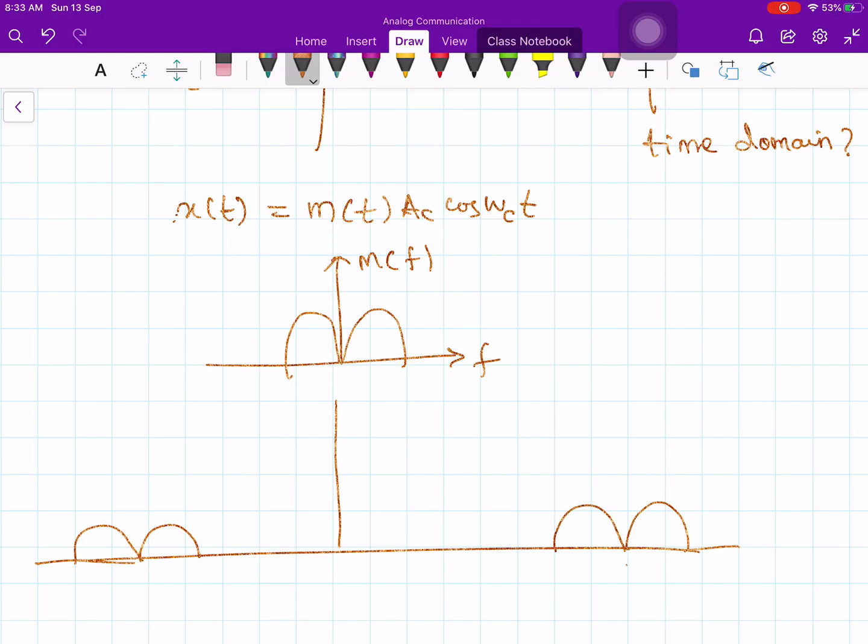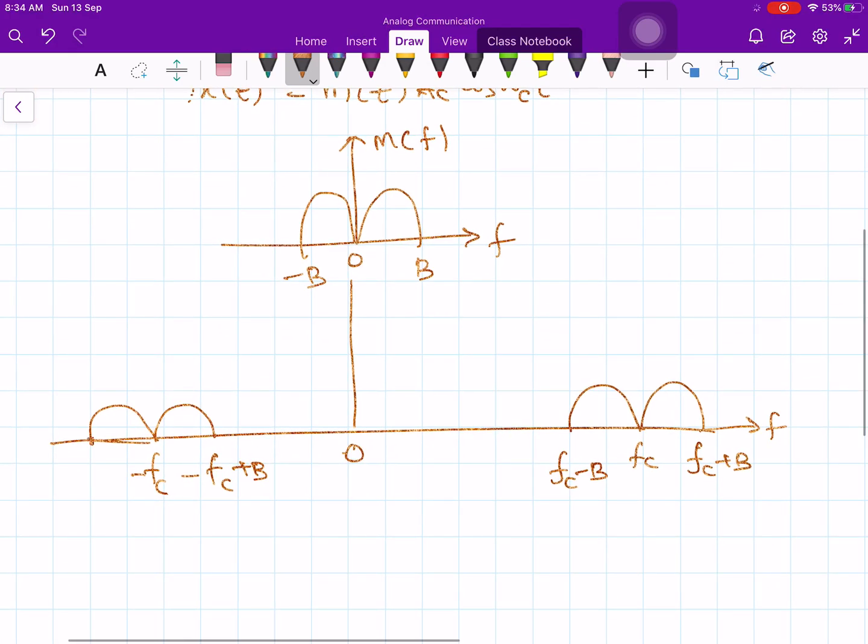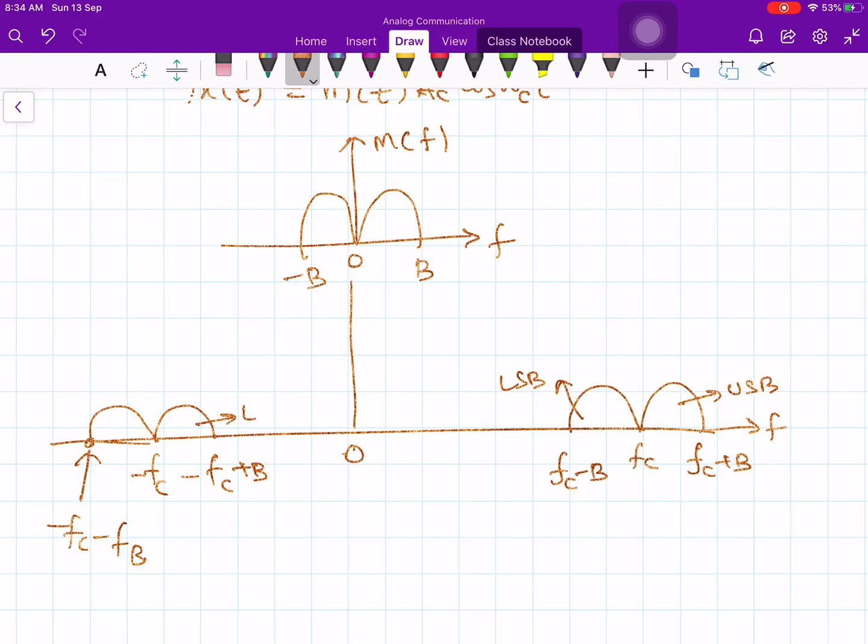Now, this is fc, fc minus B, fc plus B, and there is a frequency axis, 0, minus fc plus B, minus fc, and this point is minus fc minus B. This one is the lower sideband and this one is the upper sideband.